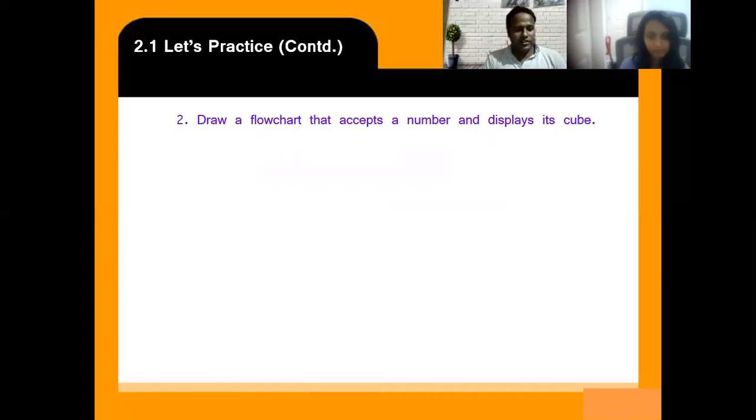Next, draw a flow chart that accepts a number and displays its cube. Do you know the formula of cube?